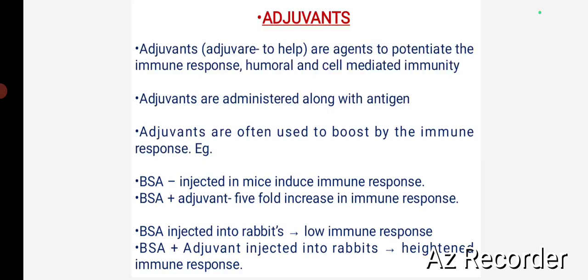As one more example, BSA injected to rabbits produces a low immune response. BSA conjugated with adjuvant then injected to rabbits heightens the immune response. Heightened means it produces a greater amount of response. So we use adjuvants for boosting the immune response.